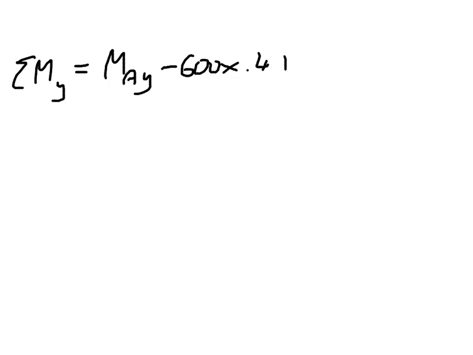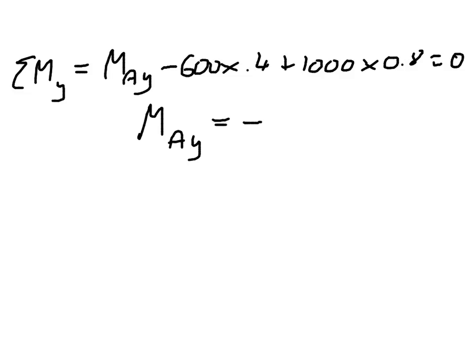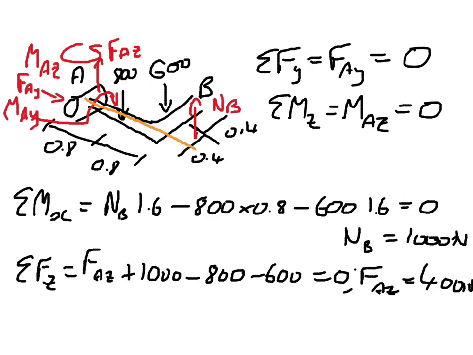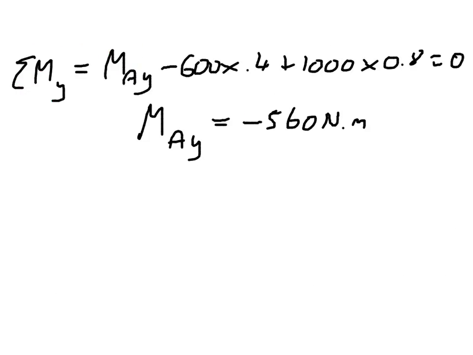I've got 1000 newtons acting upwards, going the opposite way, so it's positive, and it's acting 0.8 metres away. They're the only things trying to turn it about the Y-axis. So my moment at A about the Y-axis is equal to minus 560 newton metres, the opposite direction to the one we originally assumed. In fact, I've assumed a different direction to the lecture notes, the opposite way, so it will come out positive already.